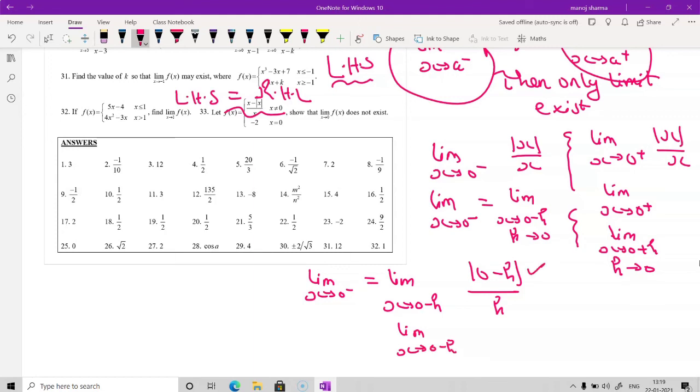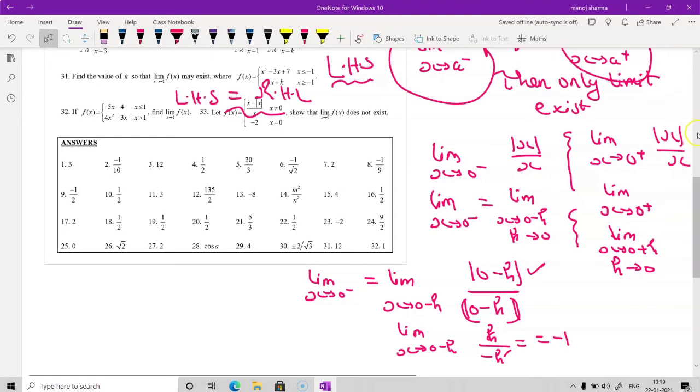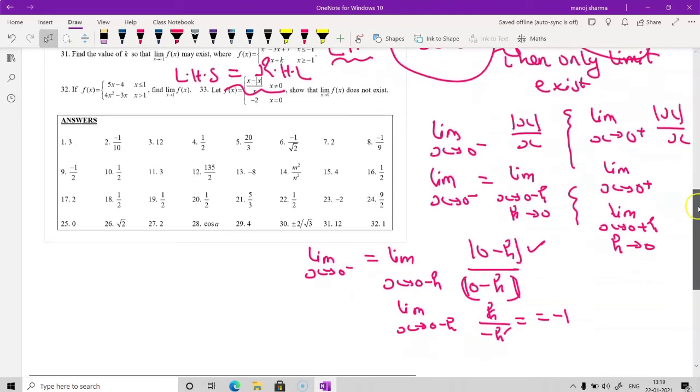Now out of the mod, with 0 minus h in the bracket, it is going to be h upon minus h, and this is going to be minus 1.